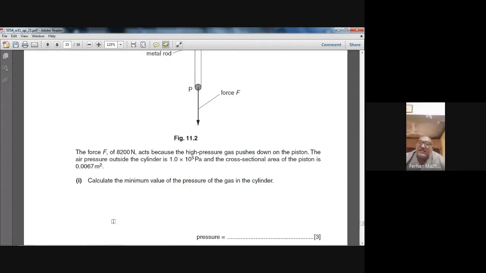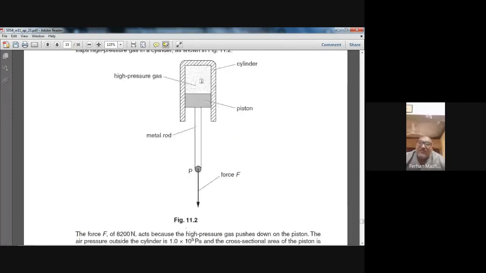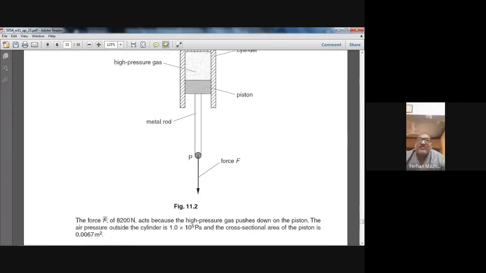The pressure of this gas has to overcome the atmospheric pressure, plus it has to provide this much force on this much area. So the total pressure inside will be the atmospheric pressure plus the pressure from this force on this area.